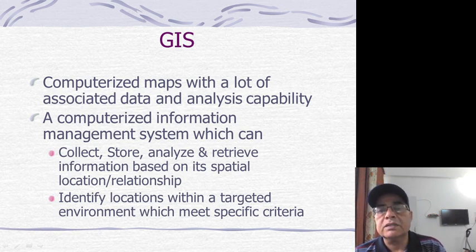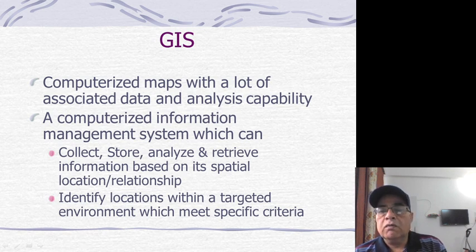In other words, GIS is a computerized information management system. It has the capabilities to collect, store, analyze, and retrieve information based on its spatial location or relationship, or to identify locations within a targeted environment which meet specific criteria.